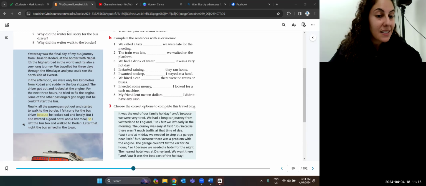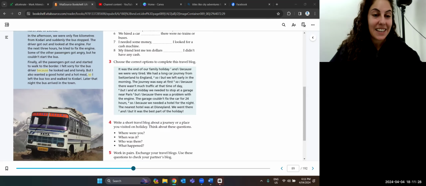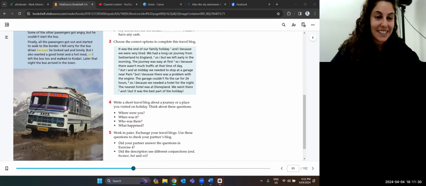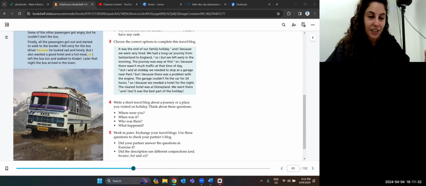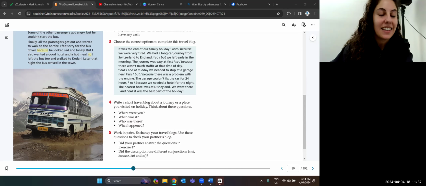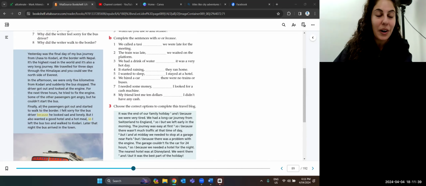So I left the bus too and walked to Kodari. Later that night, the bus arrived in the town. And here is an image. Okay, so the bus broke down. That means it stopped and it won't work. And yes, so this person was writing about what happened.